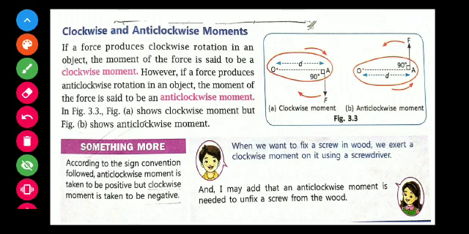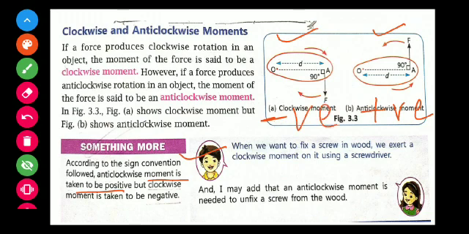According to sign convention, anti-clockwise movement is taken as positive. There are two types of movement, anti-clockwise and clockwise movement. For anti-clockwise movement we use the positive sign, and for clockwise movement we use the negative sign.